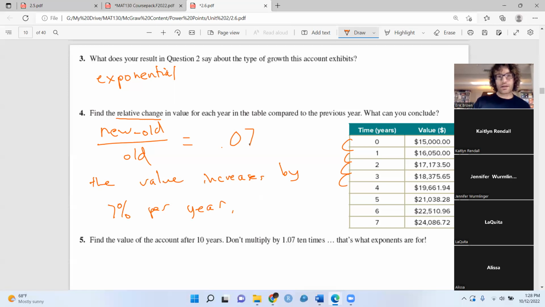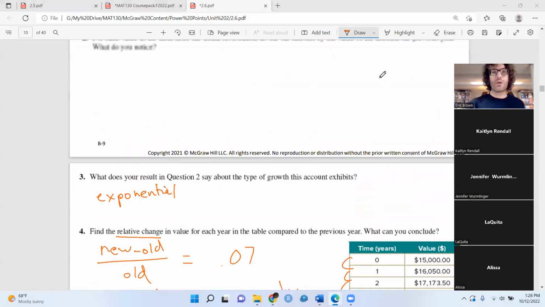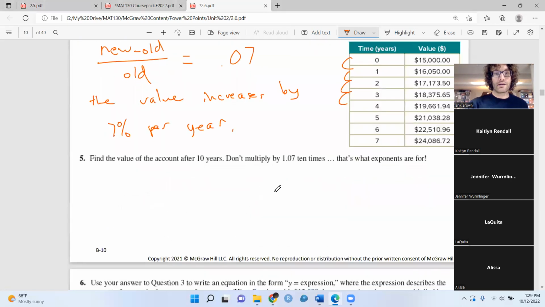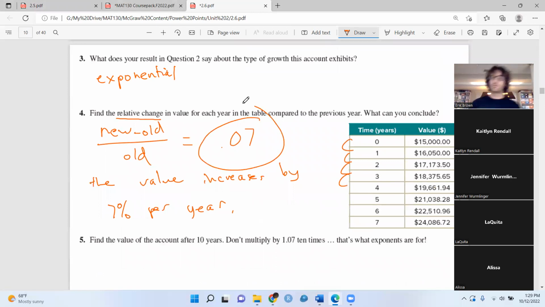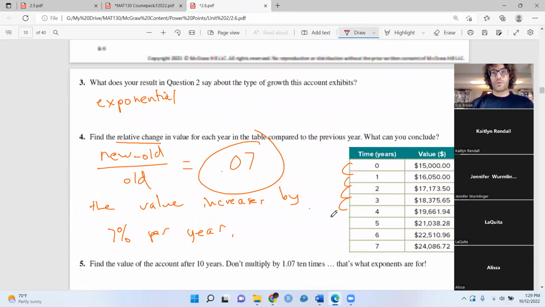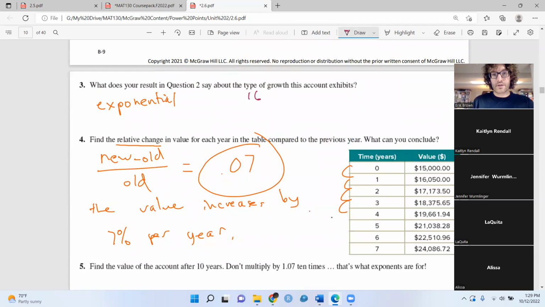Now let's pause and look at, yes, Jennifer, yes. Let's look at the connection between what we got here and what we got here. Do you see the connection? When we divided the next number, 16,050, by the previous number, we got 1.07, the number we multiplied by. There's a 1 added to it.